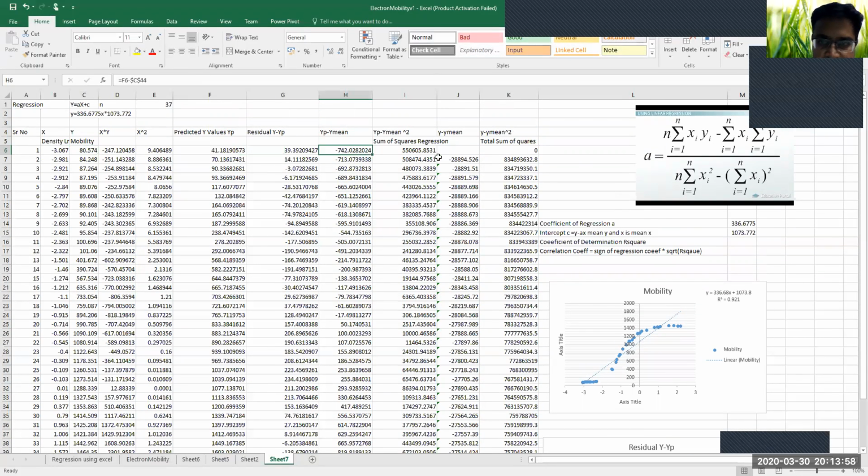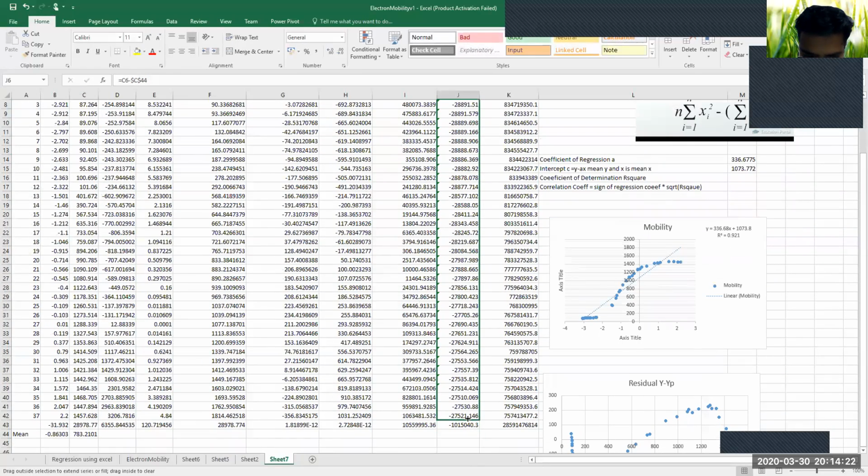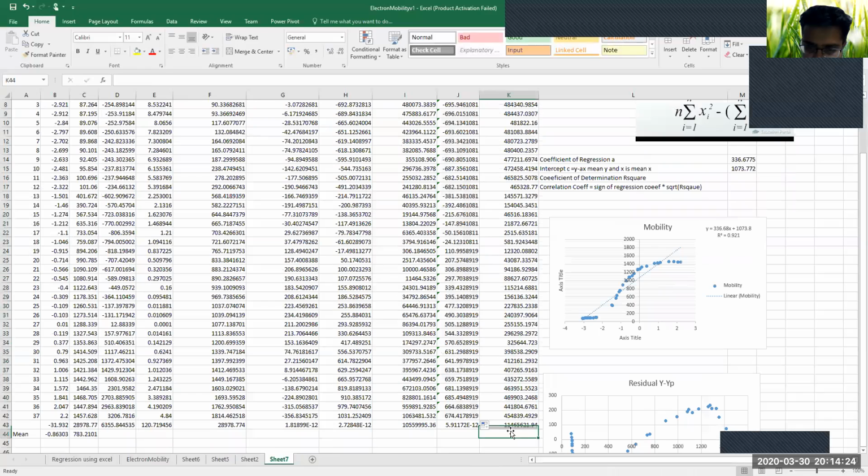So what is here? C44. So this is y minus y mean, square of this. We'll extend this. We get the correct value.